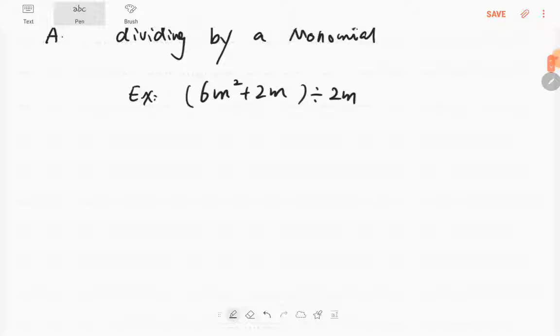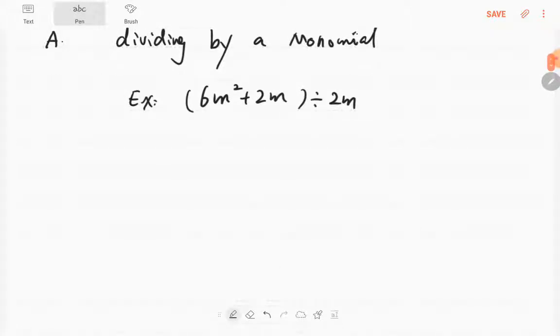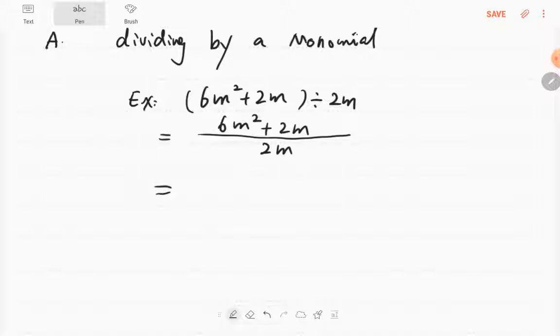So we talk about this one. We can write it into the fraction form actually. Then we're going to use the first term of the polynomial divided by the monomial plus the second term divided by the monomial.